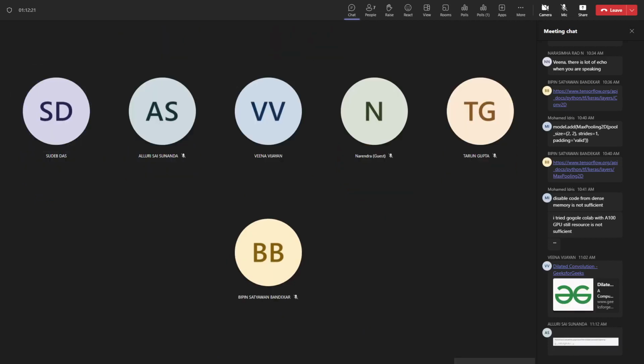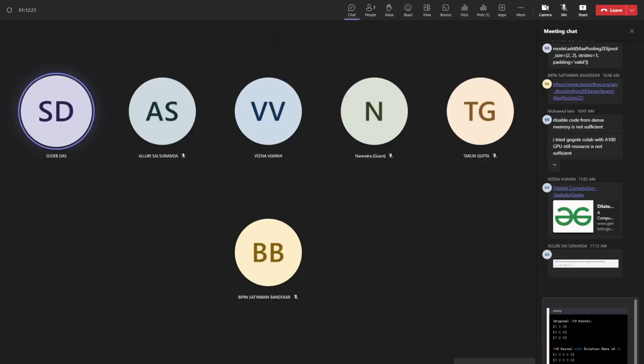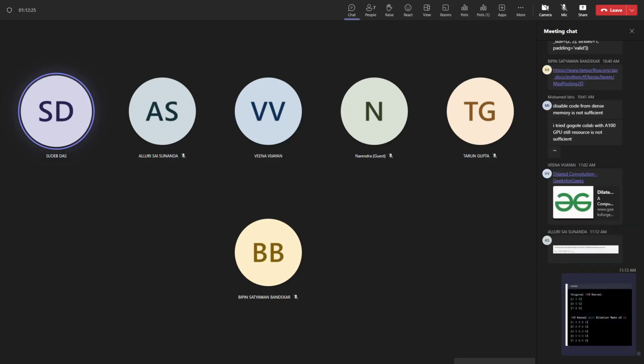Input plus 2p minus d is what? Dilation 2. Minus d into kernel minus 1, plus 1. With dilation 2, the kernel becomes adding zeros in between, like it will become 5 by 5.